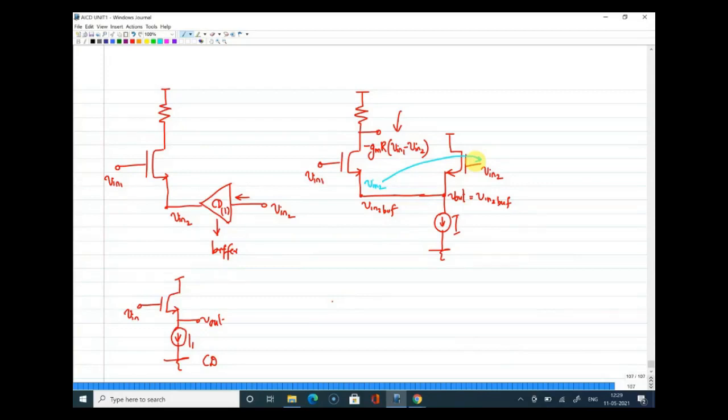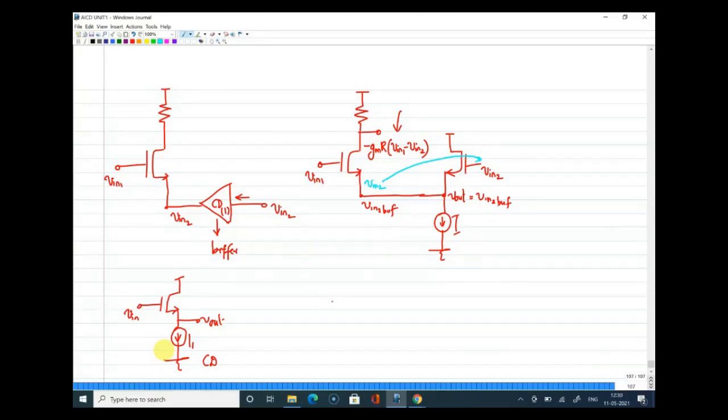Okay. So what is a CD amplifier? Generally you will put a resistance here, but we know that resistance will be replaced using a suitable current source, and current source in general we will replace using a transistor. It is the same as how we started a CS amplifier, right?